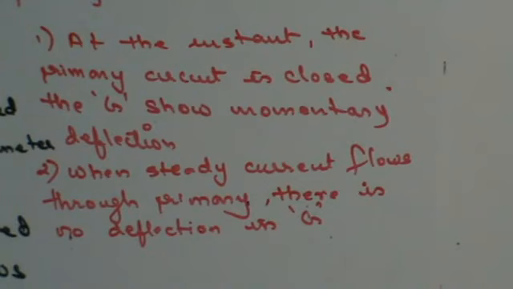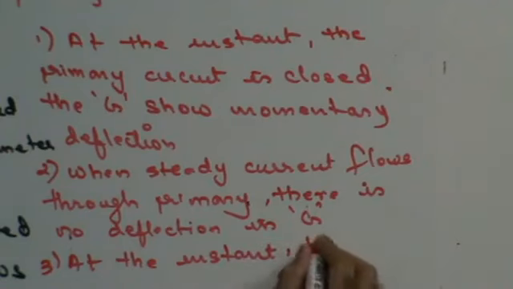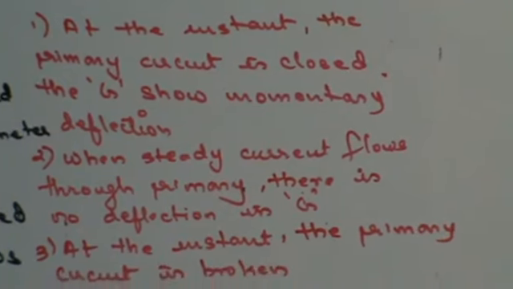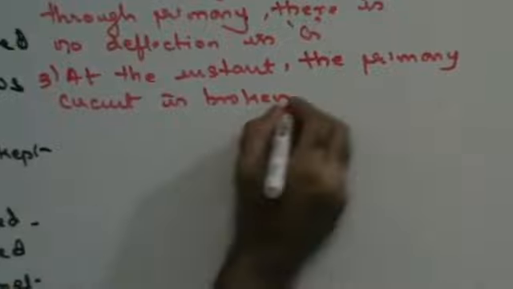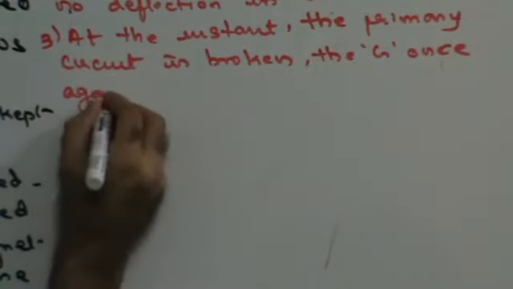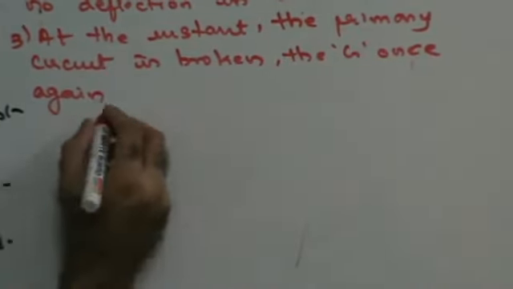Now at the instant the primary circuit is broken, which means the switch is turned off, once again the galvanometer shows momentary deflection.